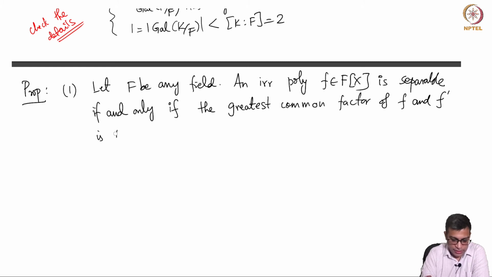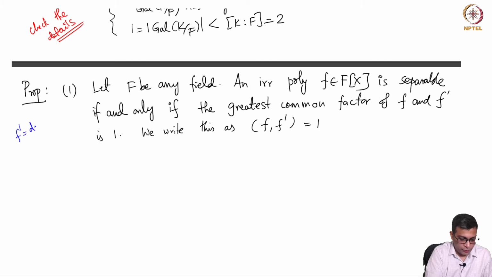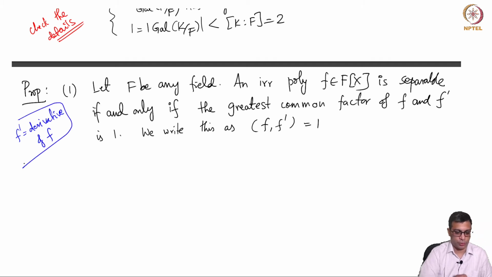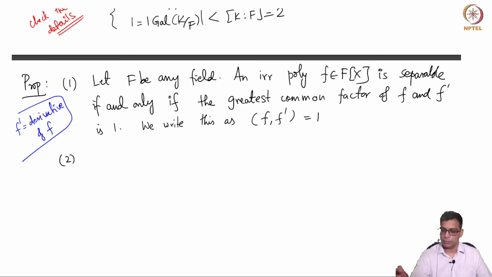So we write this as the GCD, usually denoted by (f, f prime) in brackets. So f prime is the derivative of f, the formal derivative of a polynomial in one variable. You know how to do that. Okay, so that is the first part of the proposition. It's a good way to check if something is separable or not. You simply look at its derivative and compute the GCD.